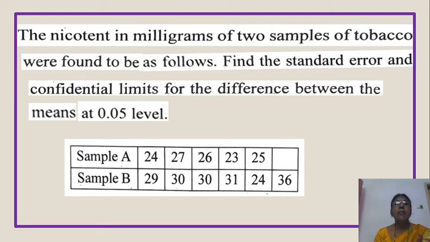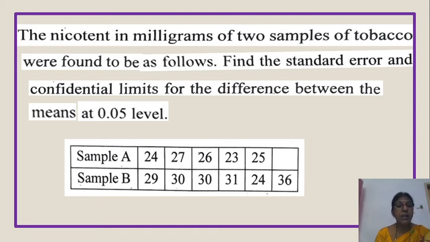Nicotine in milligrams in tobacco. Two samples means we have two samples. Find the standard error and confidence limits, for the difference between means at level 0.05.